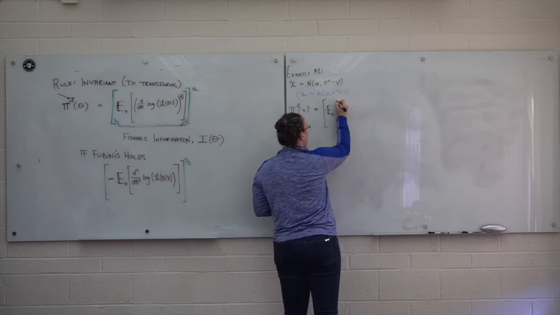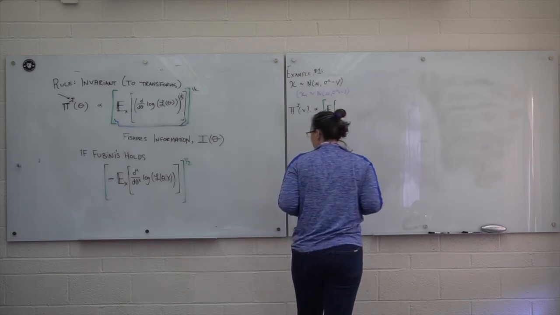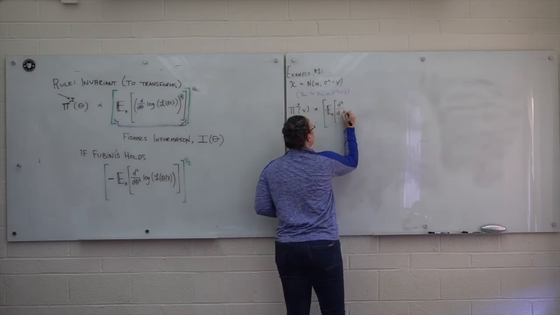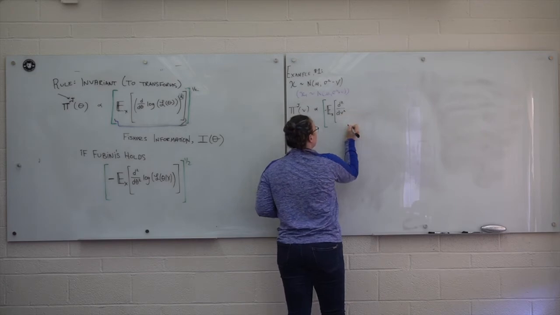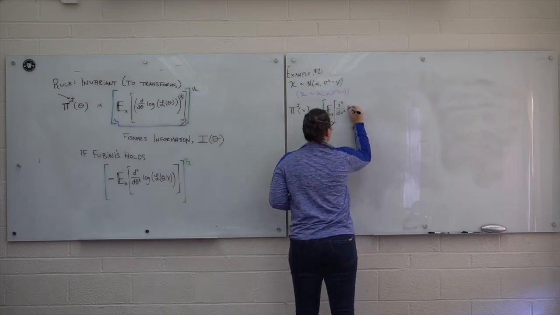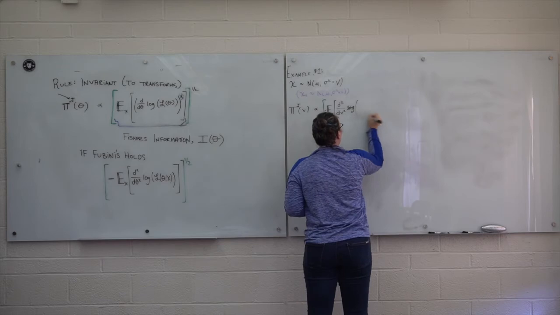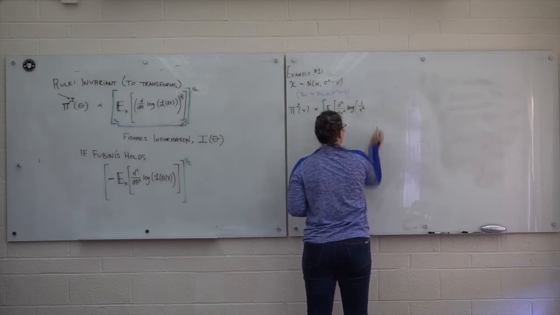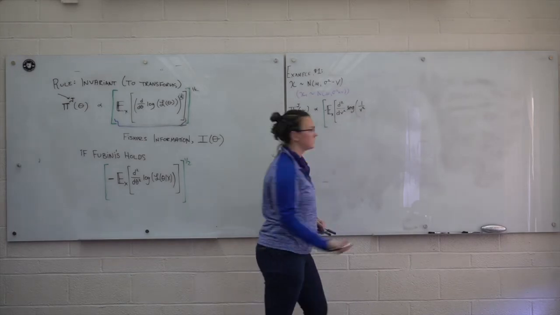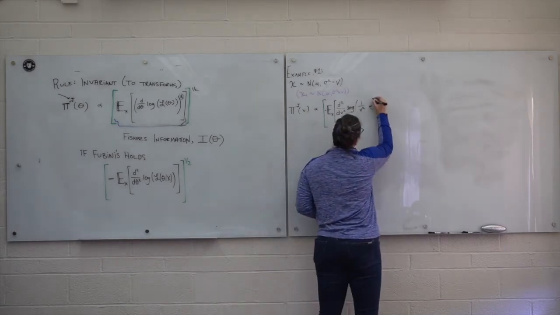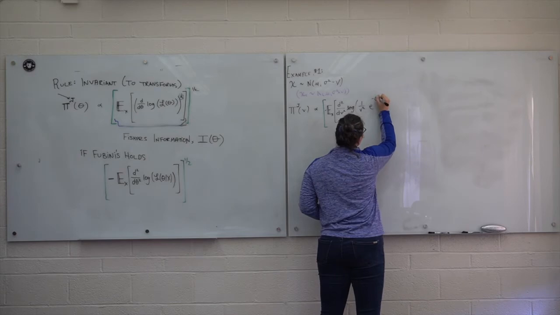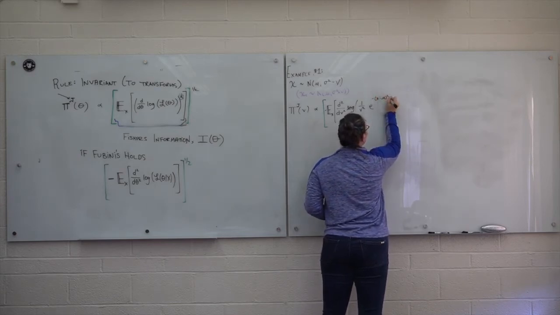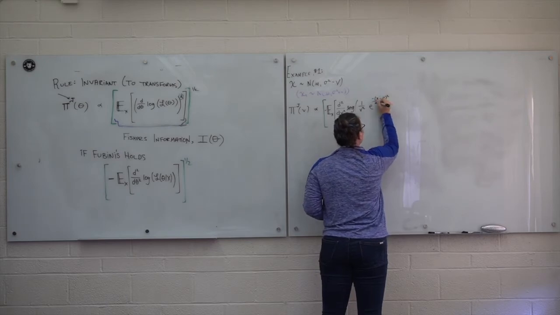Expectation with respect to x, d squared d v of log of 1 over v, e to the minus x minus mu squared over 2v.